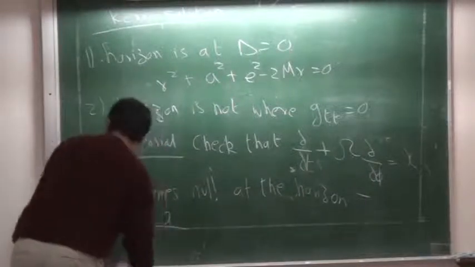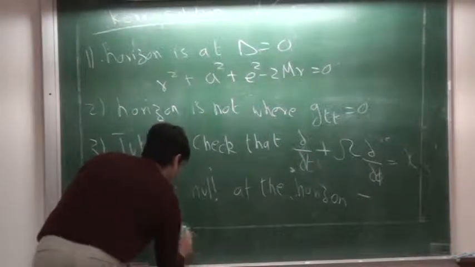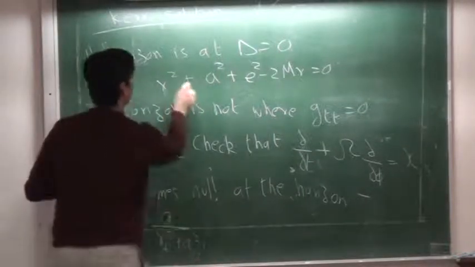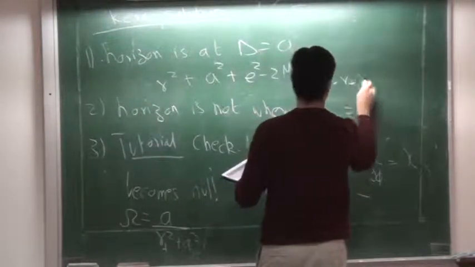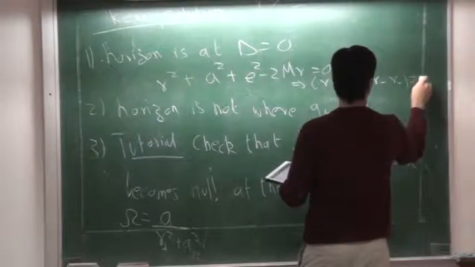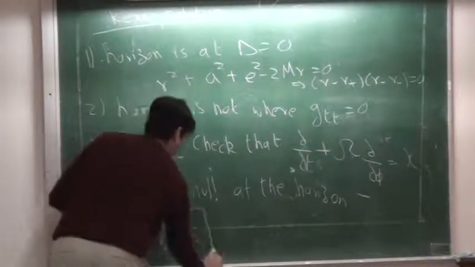It has the form of something over r plus squared plus a squared, where r plus is the larger root of this, and omega is defined as this.